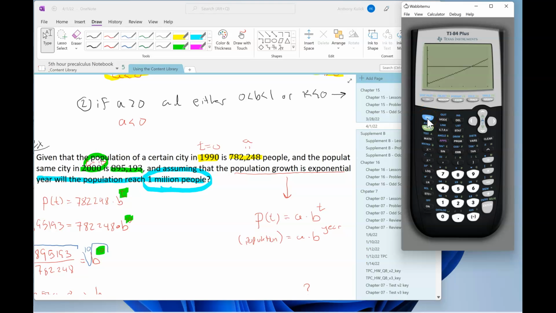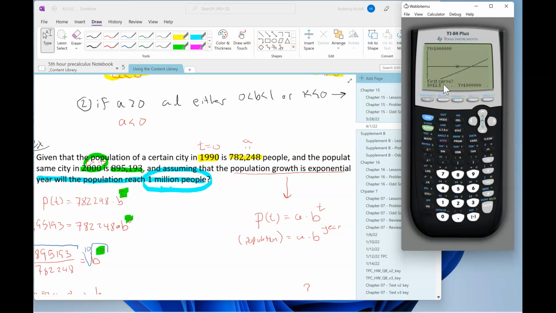Everybody's good with that? All right. So how do I find the intersection with the calculator? Second trace, very good. And the command I'm looking for is intersect. Shocking. The intersect command requires 3 inputs. It asks for what 2 curves we are trying to find the intersection of, and then give me some place that's a guess. Now, how many things did we have in our graph here?